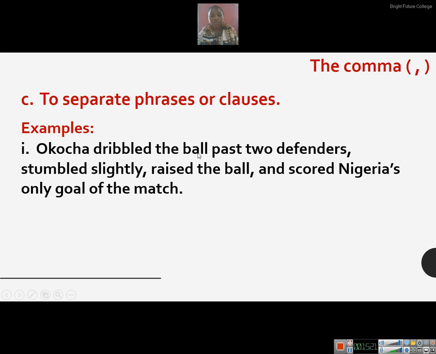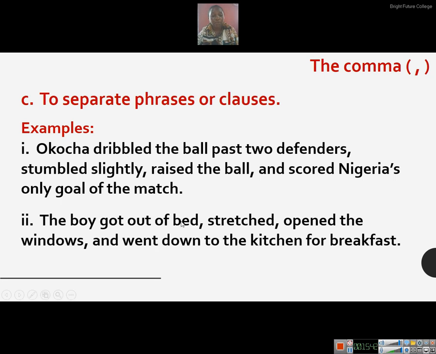So you see we have used comma to separate the clauses and the phrases, like raise the ball, stumble slightly, pass two defenders. We have used commas there to show the actions that Okocha carried out before scoring the goal.